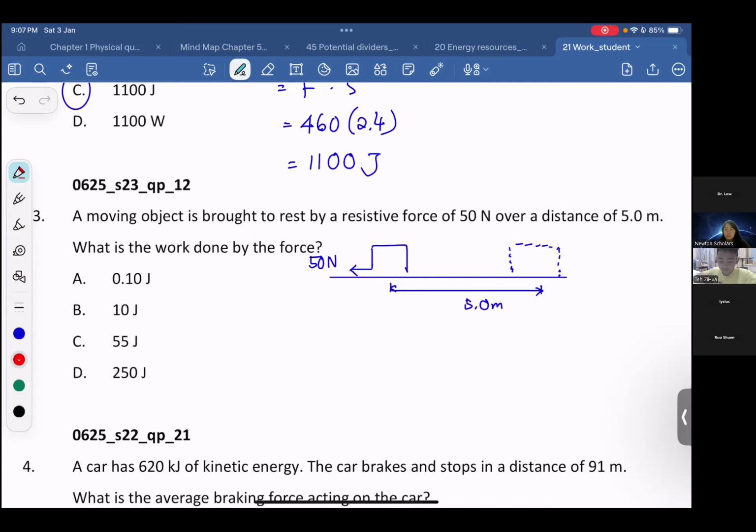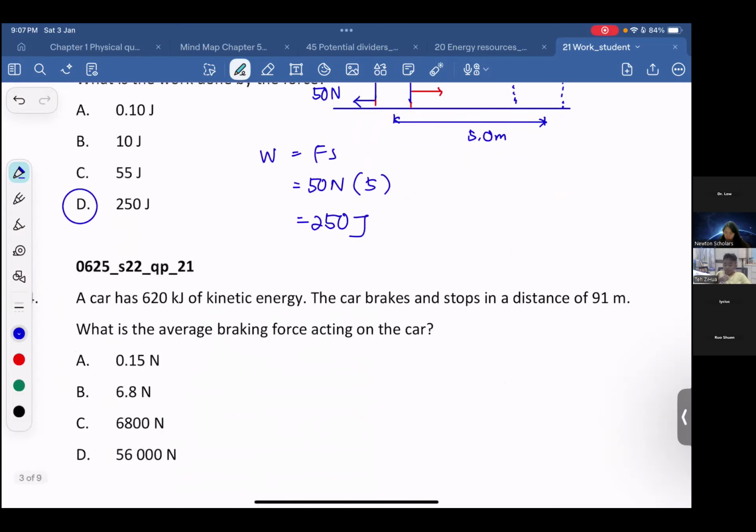Angeline, correct. Crystal, correct. Okay, frictional force always opposes your motion. So at here, 50 Newton, that means that you also need to apply 50 Newton in order to overcome it. So W equals to Fs, 50 Newton. You move 5 meter. So 250 joule. That's all.